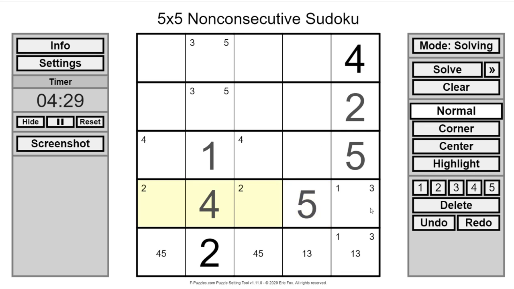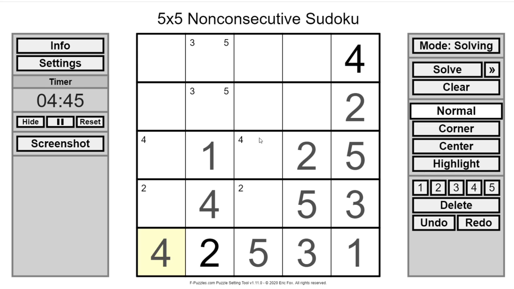3 can't be in either of those, so that's a 3. 2 can't be in either of those, so that's a 2. This 3 sorts out the 1-3 pair, which sorts out the 5-4 pair. That sorts out this 4 pair. That can't be a 2 anymore.